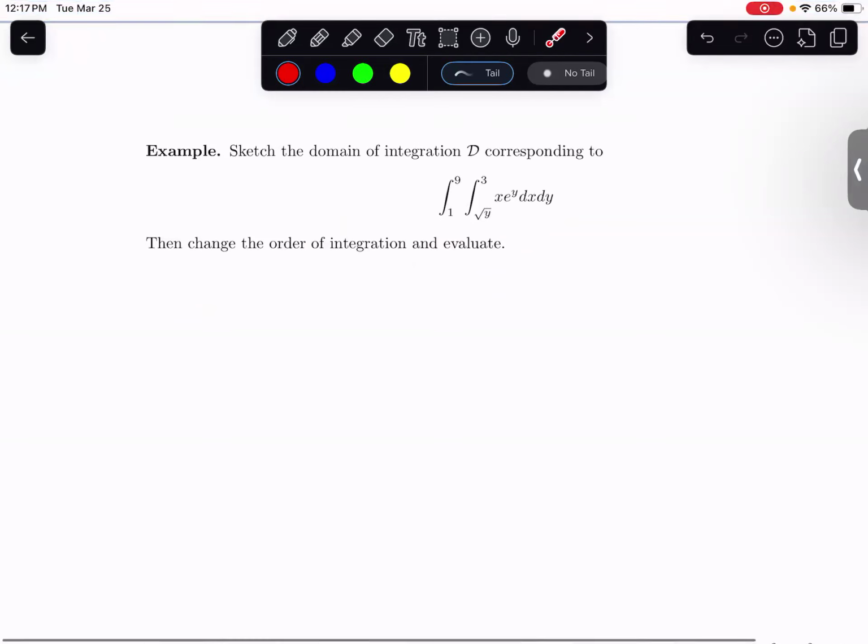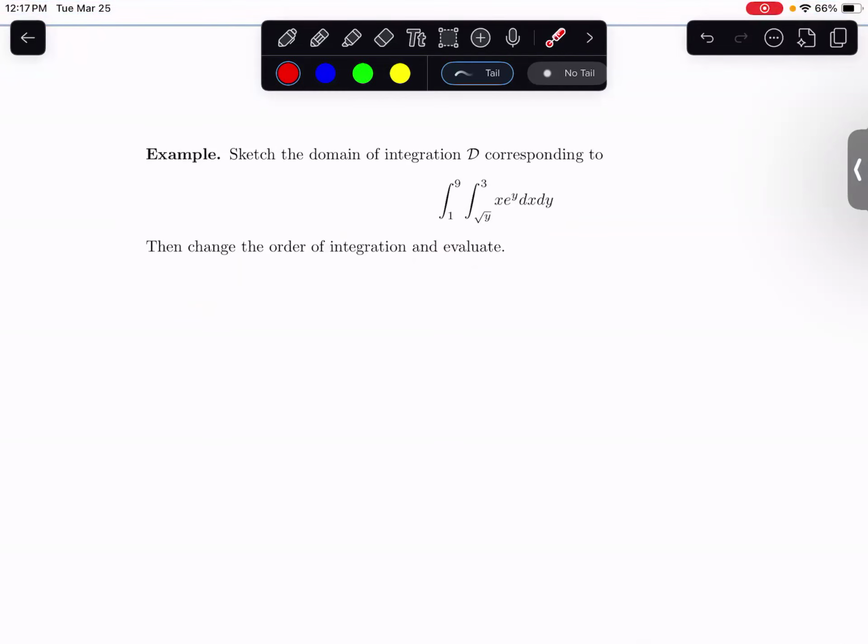And so how we can think about this is the domain as written. So this is our domain D. Let's go from outermost to innermost. So we have that this dy corresponds to the outermost integral. It's the second integral. So this is telling us that y is going to be bounded between 1 and 9. Right, so we have 1 is less than or equal to y is less than or equal to 9.